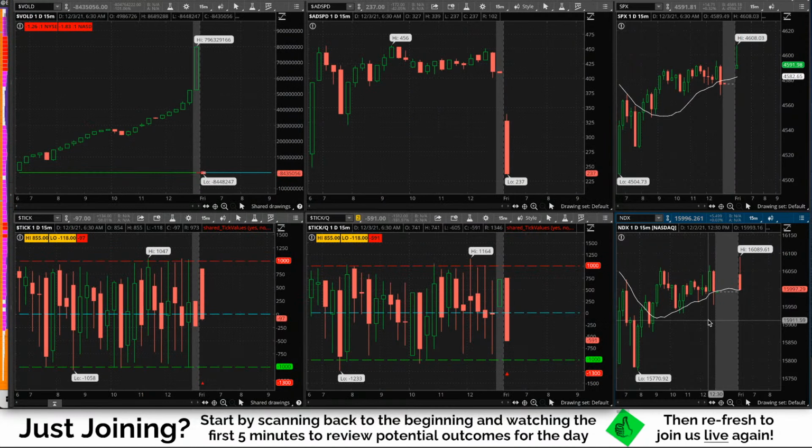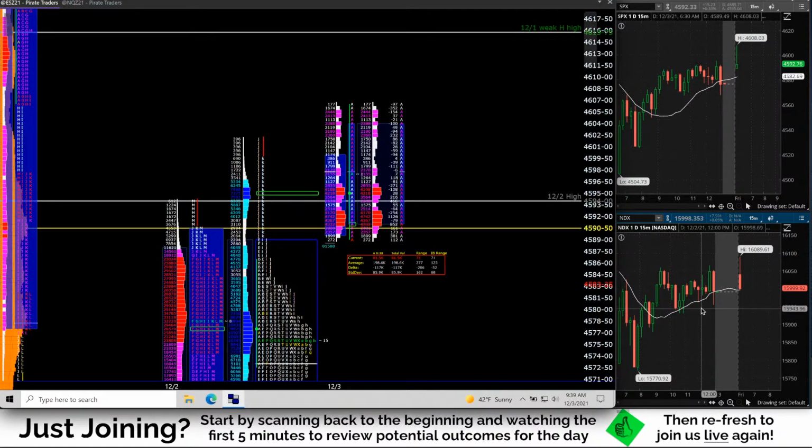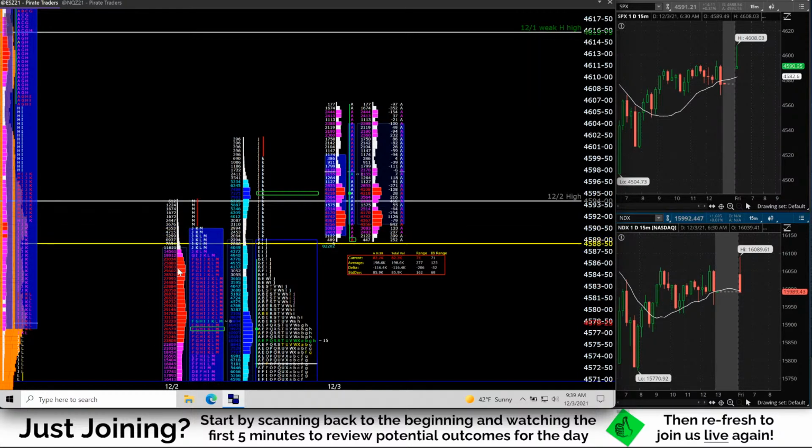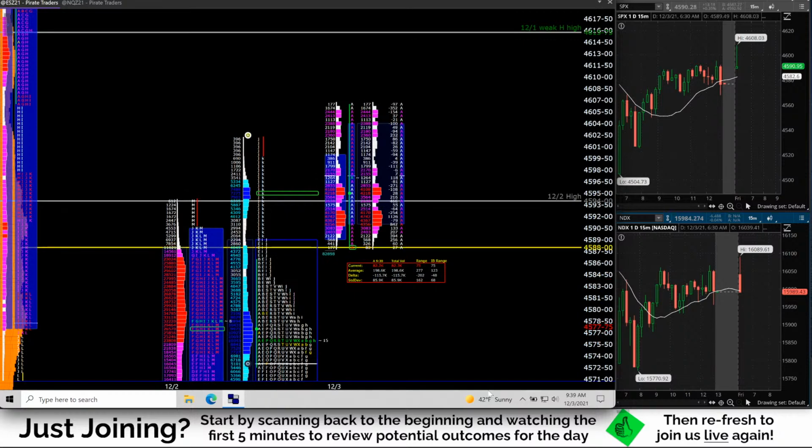Feels like support is becoming resistance. They're looking for a little pullback here. ES doesn't have far to go to find support in this node from yesterday.